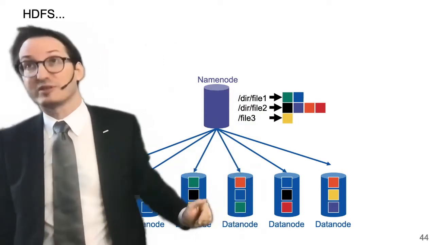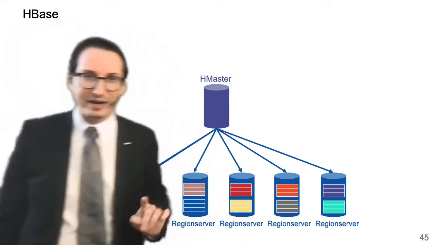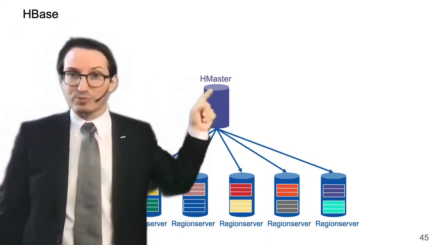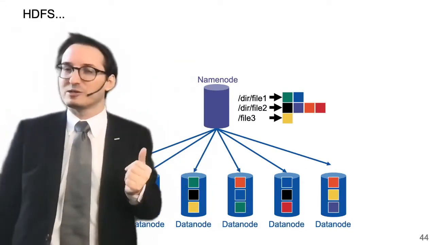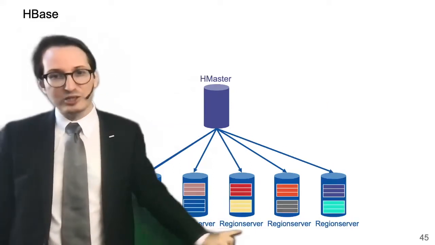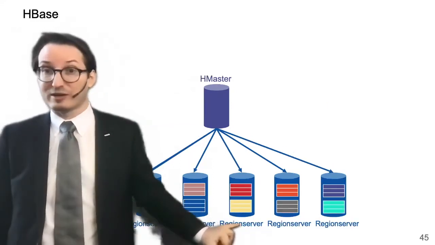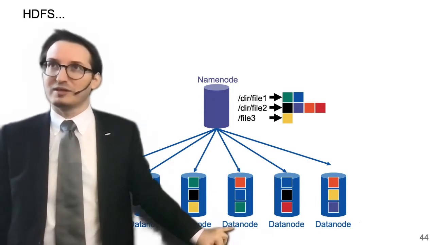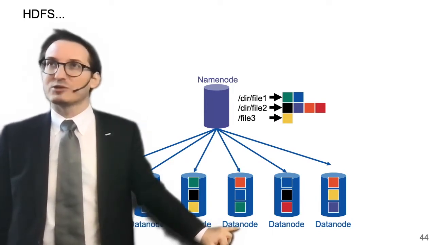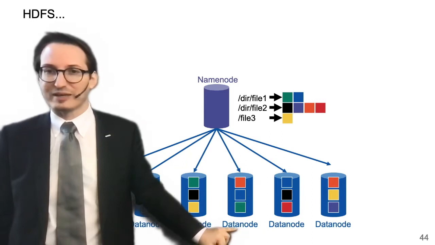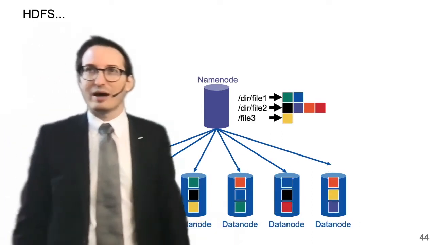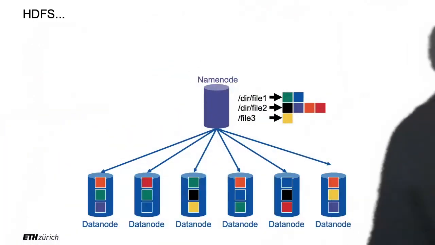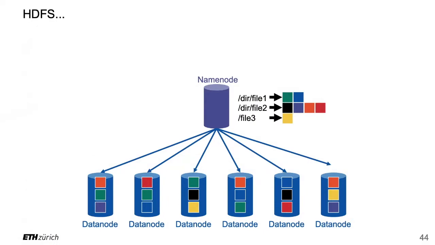But there can be other processes running on the same machines. And in fact, HMaster is a second process that runs typically on the same machine as the name node. And region server is also a process that runs on the same machine as the data node. And why that actually makes a difference in performance, we will see. The fact that the region server and the data node are two processes running on the same machine, and as a consequence, reading from the same local disk, is going to be a huge difference in terms of performance. But I'll come back to that.